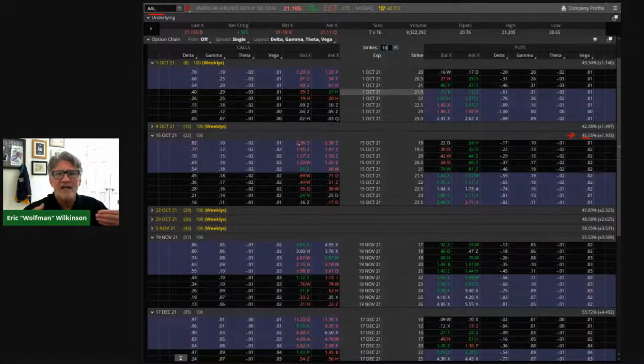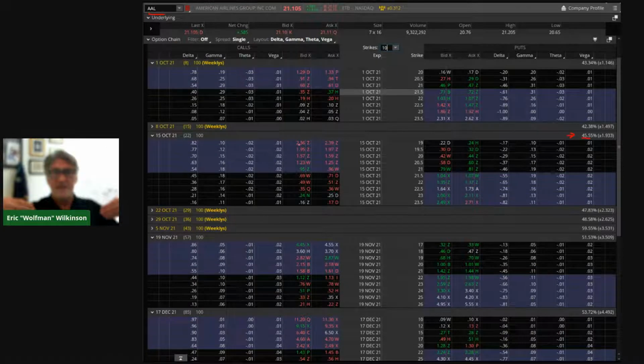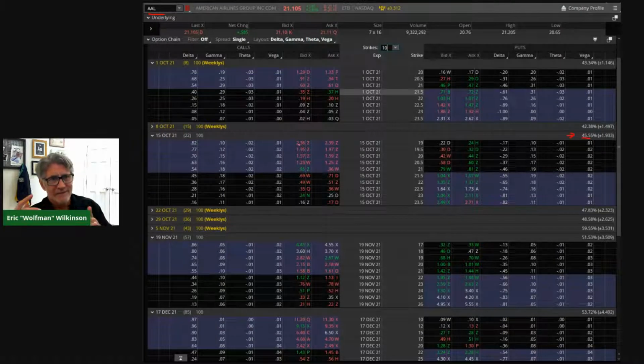Implied volatility tells us what the volatility is for this underlying, all right? I don't care what Tesla's volatility is doing when I'm looking at American Airlines, do I? No, it doesn't. They don't correlate. That's apples to oranges. I want to compare apples to apples. And by doing that, I need to compare this volatility against American Airlines volatility, right?